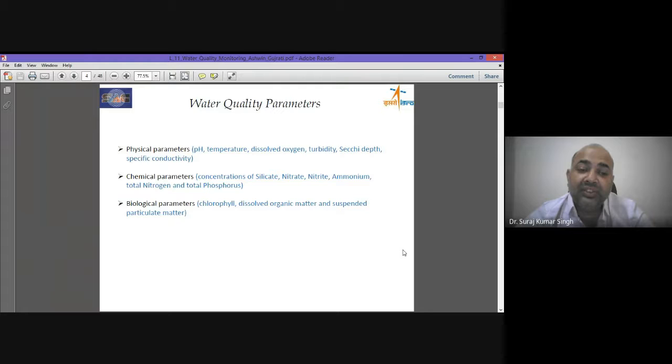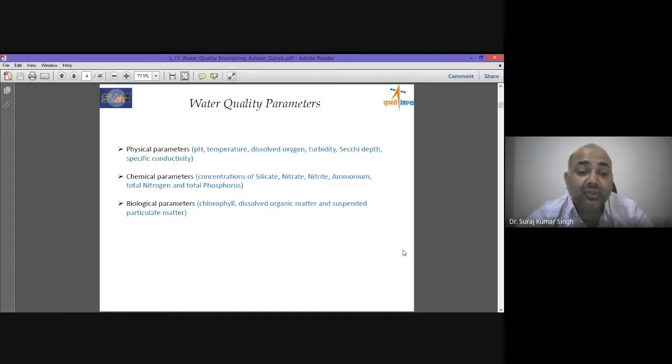The physical parameters are further subdivided into pH, temperature, dissolved oxygen, turbidity, depth, specific conductivity. So for physical parameters, we will be calculating pH, temperature, dissolved oxygen, turbidity, depth, and specific conductivity.